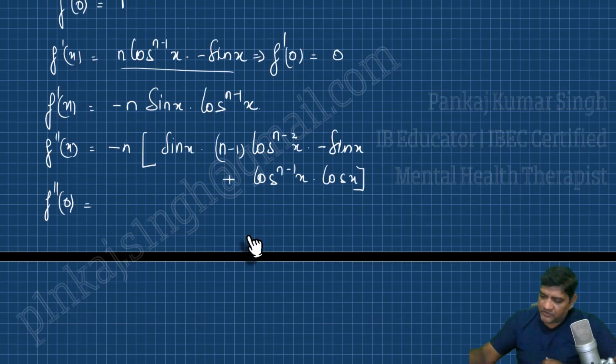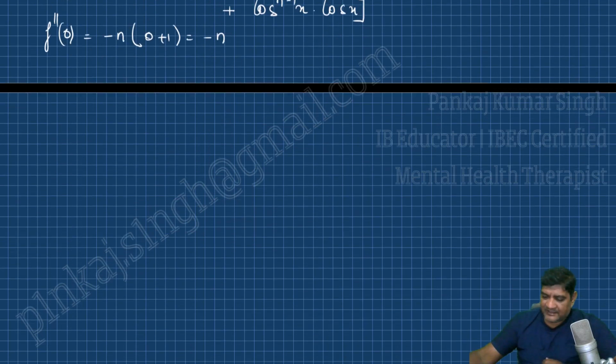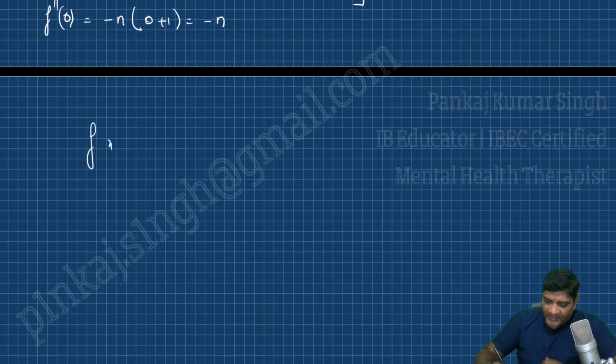So I know that this entire thing is going to be a 0, because sine 0 is going to be a 0. So here I'll have a 1, because cos 0 is going to be a 1. So ultimately this is simply going to remain as minus n into 0 plus 1, which is simply a minus n.